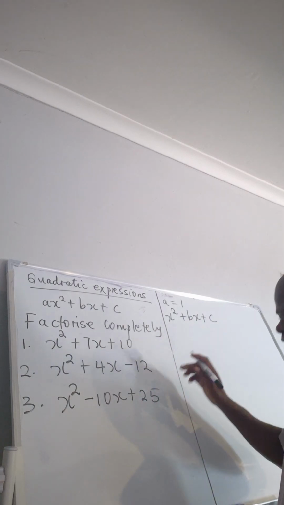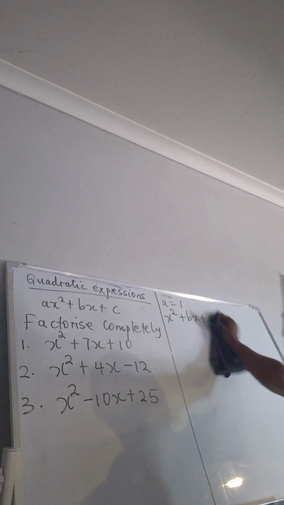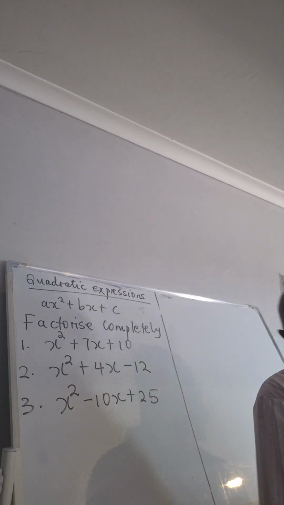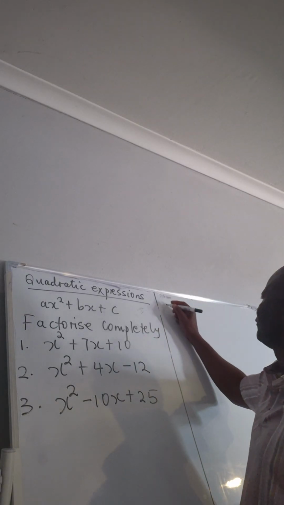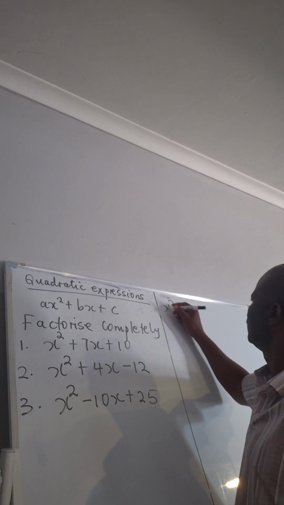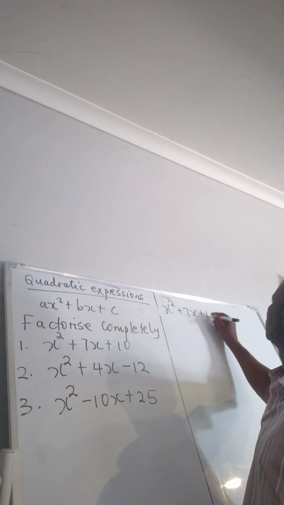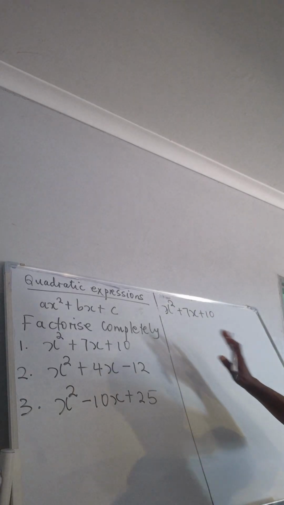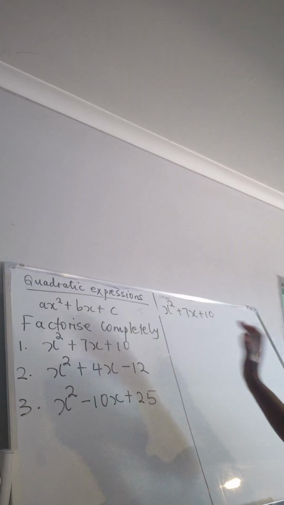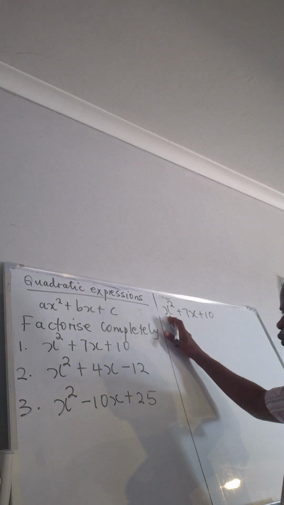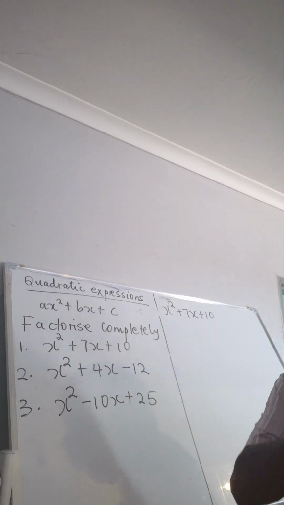Right, now the solution for the first one: x squared plus 7x plus 10. Now, we want to factorize this one. One good thing is the whole expression is made up of positives.